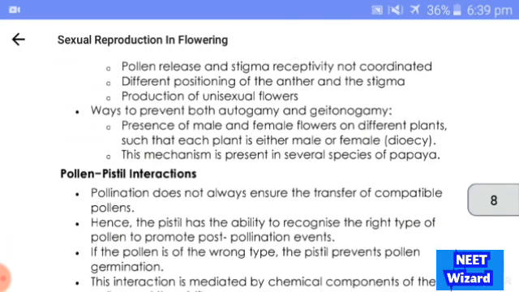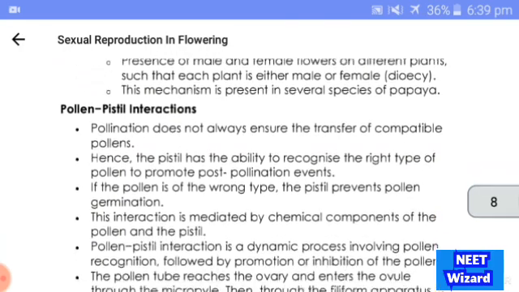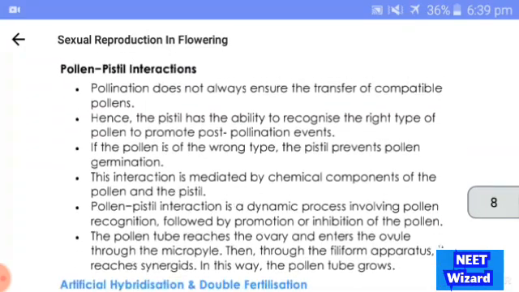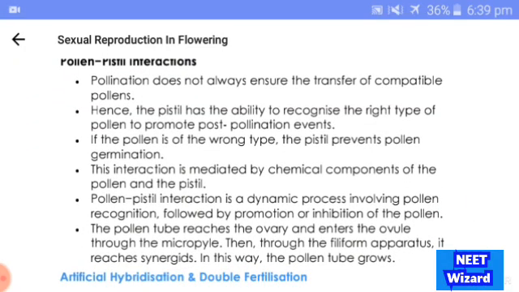Pollen pistil interactions. Pollination does not always ensure the transfer of compatible pollen. Hence, the pistil has the ability to recognize the right type of pollen to promote post-pollination events. If the pollen is of the wrong type, the pistil prevents pollen germination.